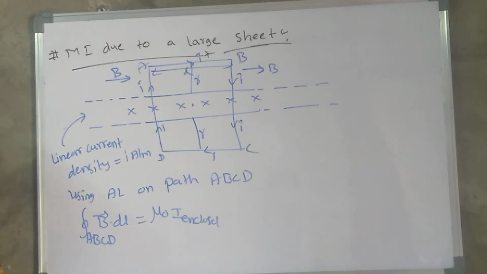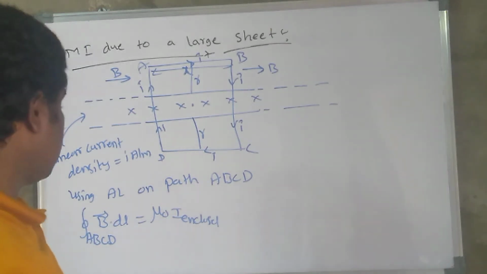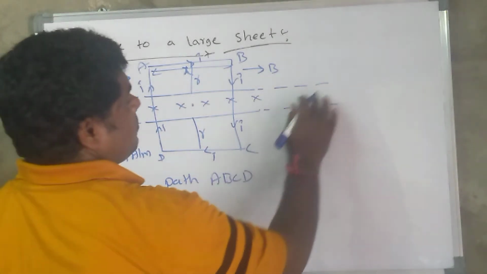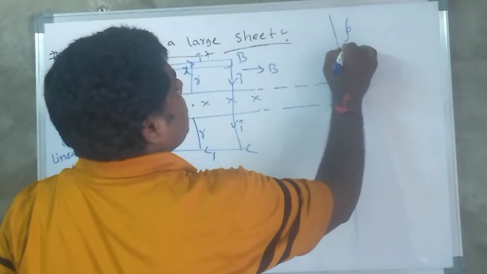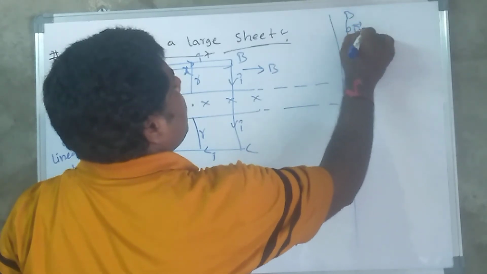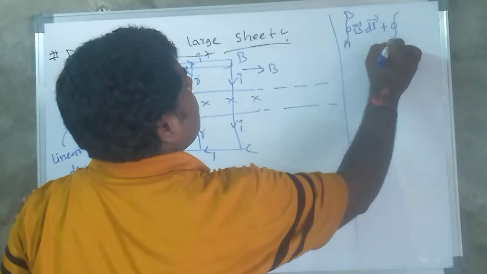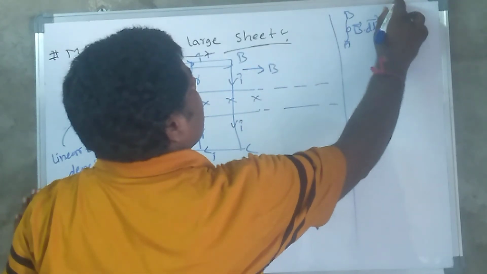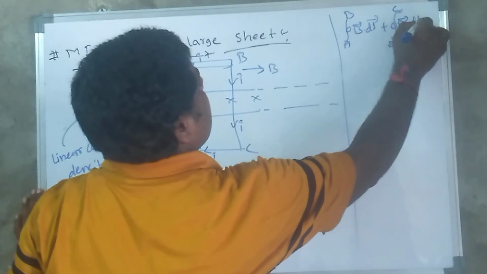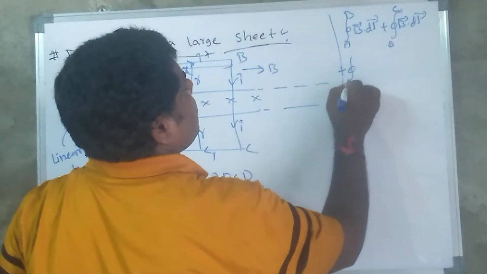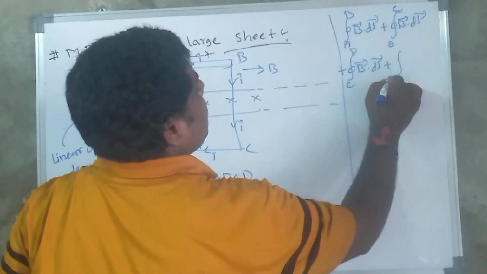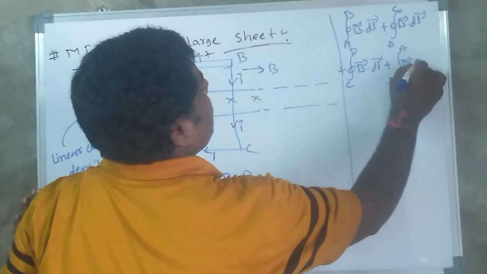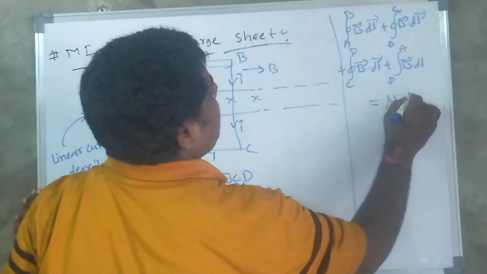I enclosed is nothing but I into x, in this cross-section. So the integral from A to B of B dot dl, plus the integral from B to C of B dot dl, plus the integral from C to D of B dot dl, plus the integral from D to A of B dot dl, should be equal to mu naught into I into X.